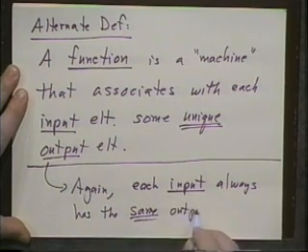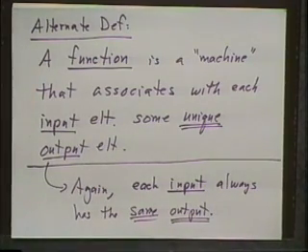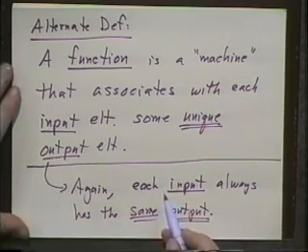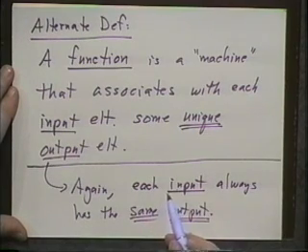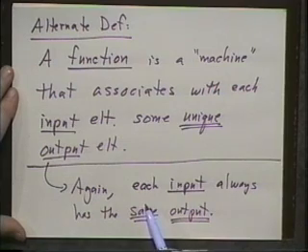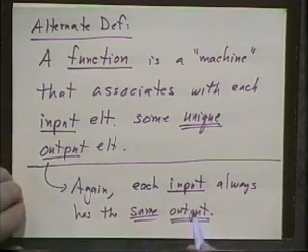Doesn't matter when you do it, you will always have the same output. There is no ambiguity. That is what makes a function. See, with a machine it seems even more sensible because when you put something in, you expect the same thing to come out time after time after time. You don't expect to put something in and get out something one time and something else another time. So each input always has the same output.